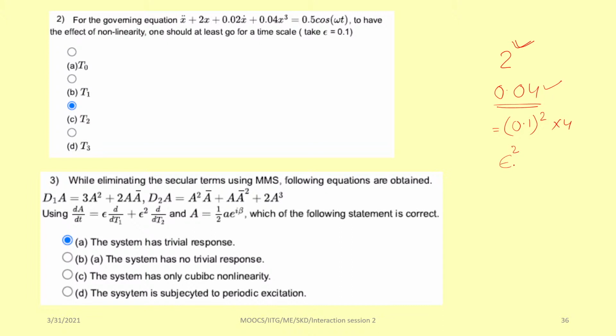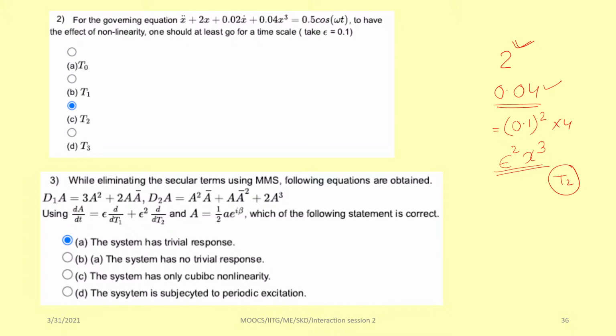You are taking a nonlinear term of the order of epsilon square x cube. So you can go up to T2 to solve these problems.